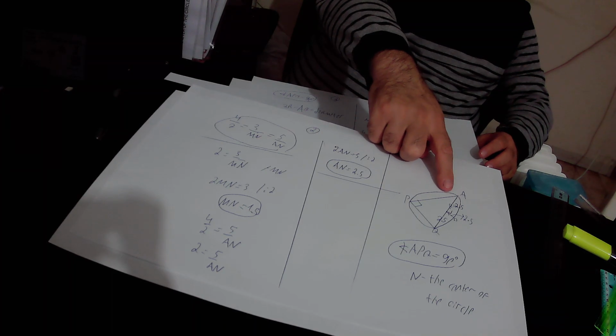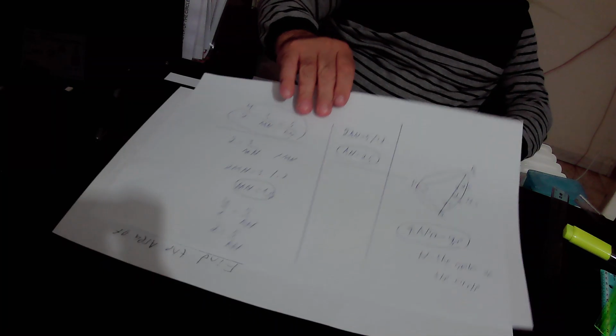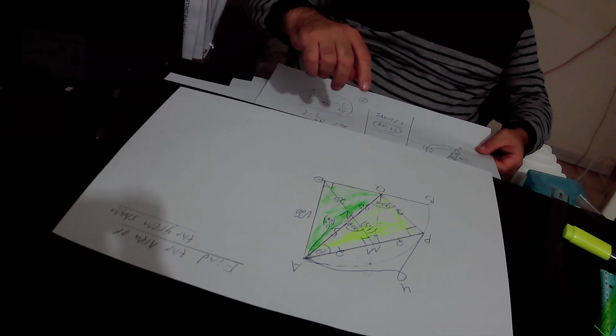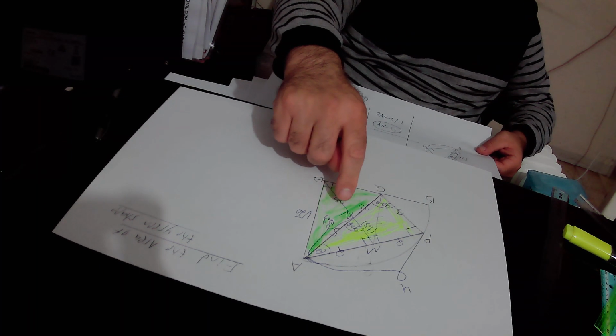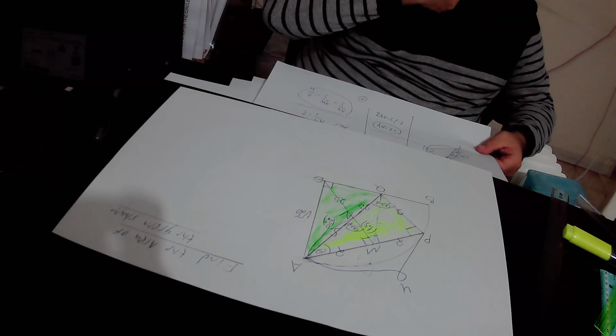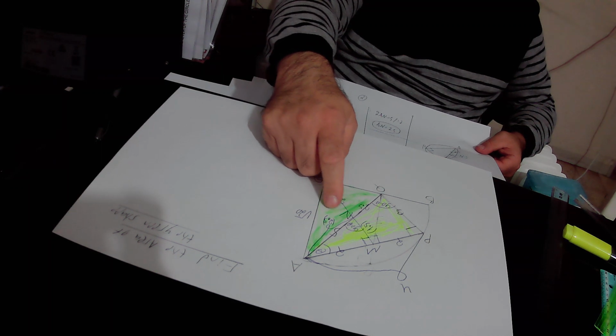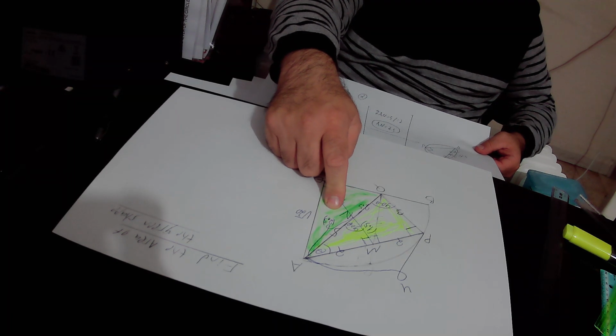But because AN is half the diameter, AN equals 2.5, AN must be the radius of the circle, because the radius of the circle equals also 2.5.